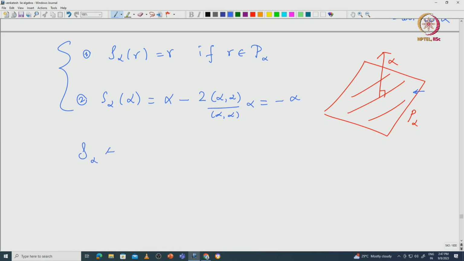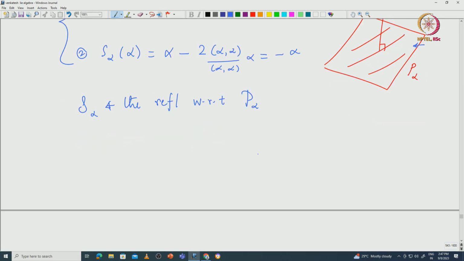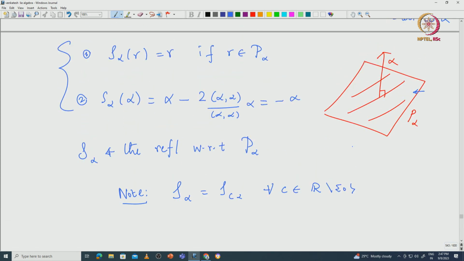So, the reflection with respect to the hyperplane P alpha is uniquely determined by these two formulas. Since S alpha given in star satisfies these conditions, S alpha must be the reflection with respect to the hyperplane P alpha. To give P alpha, it is enough to say what alpha is. Note that scaling alpha will not change the reflection. S alpha will be the same as S of c alpha for all c coming from nonzero real numbers.